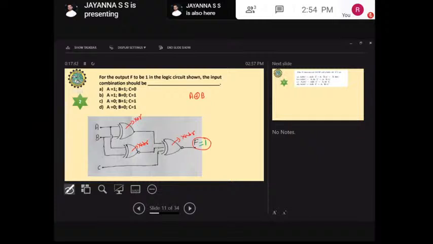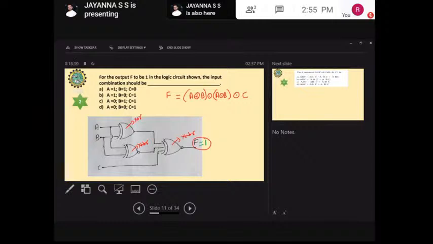Coming to the next one, A XNOR B is the output of this XNOR gate. Coming to this one, C is XNOR with the other output, so I'm going to write this one as XNOR. This is XOR. This is XNOR. This is the finalized expression for F.